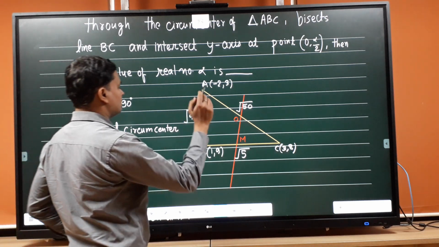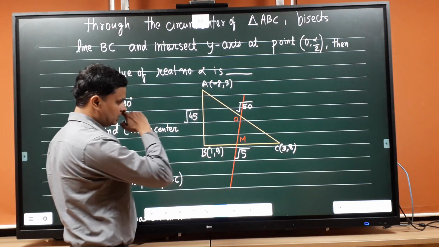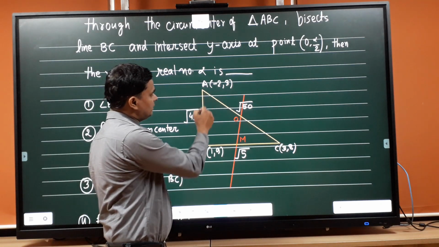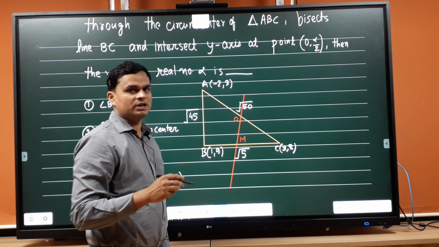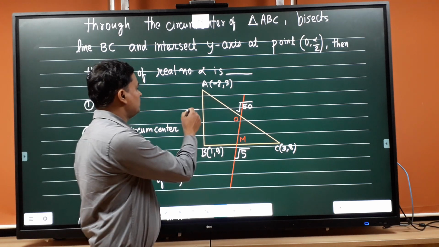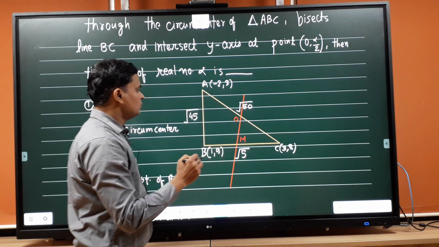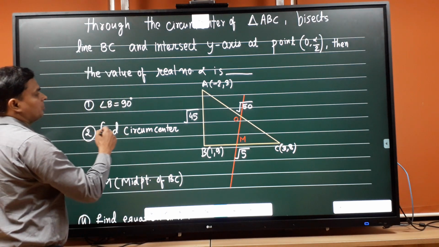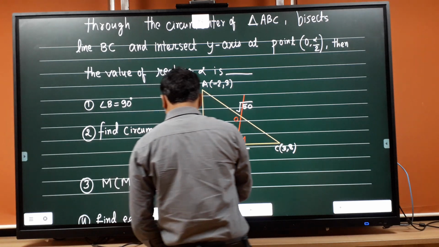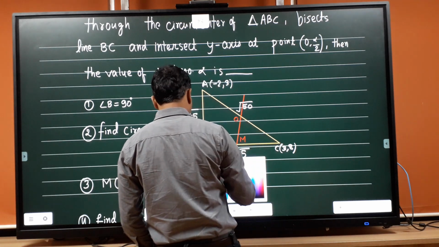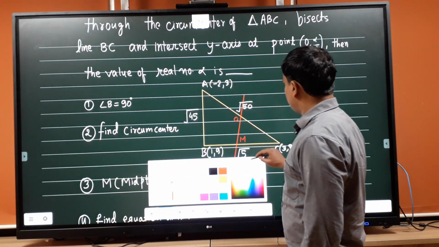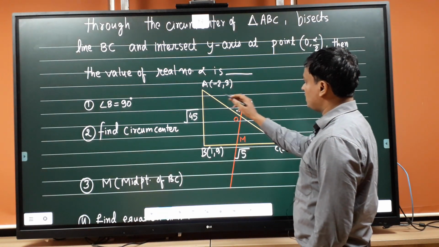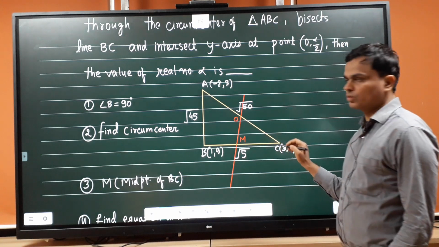See, the first thing in this question was that given the coordinates of the three vertices, if you find the distances between them, then you will find that the angle B is 90 degrees. How? Because the distances come to be root 45, root 5 and root 50, and these three obey Pythagoras theorem.